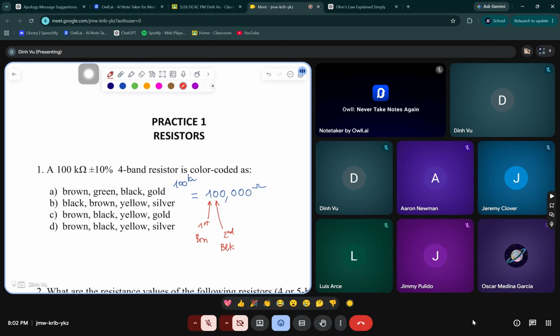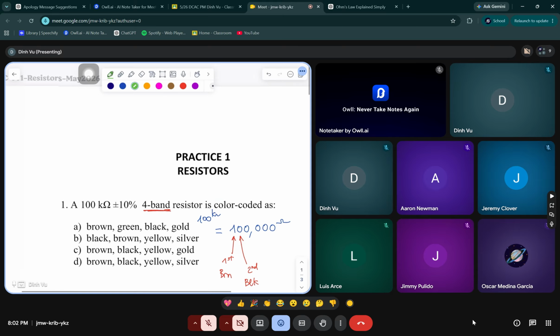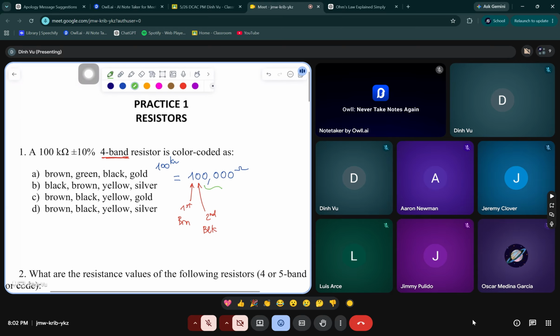And this is a 4-band code. So we need the first digit, second digit, and the multiplier. Here we have the multiplier. We have 4, that means we have to add four zeros after the first and second digit.